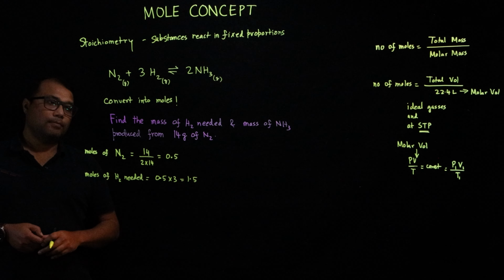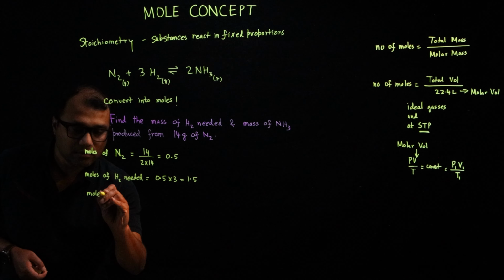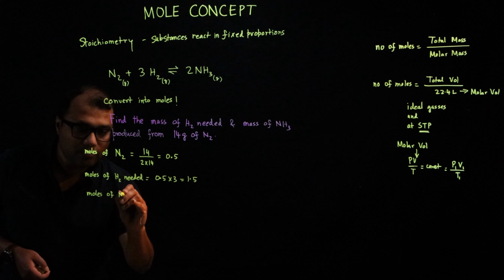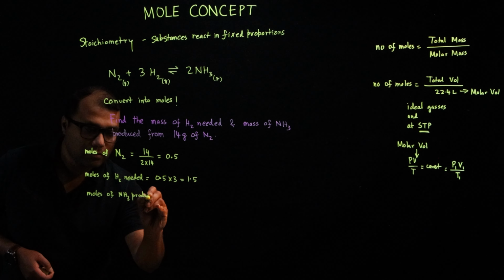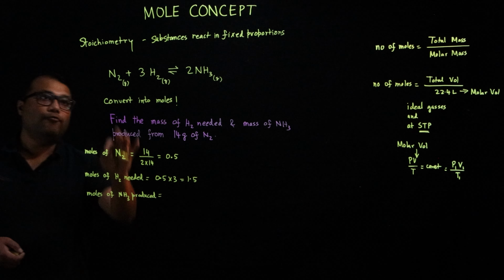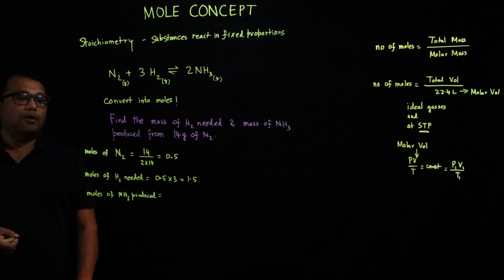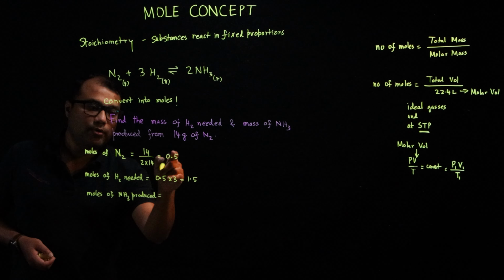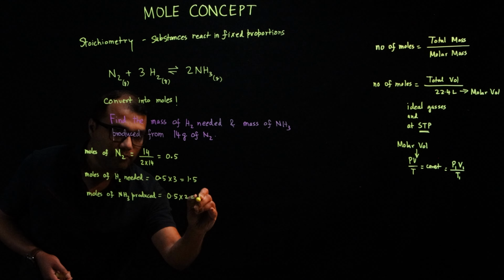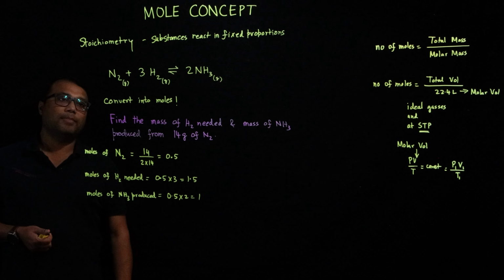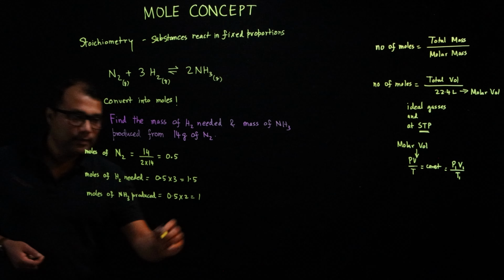Now how many moles of ammonia are produced? If 1 mole of nitrogen produces 2 moles of ammonia, 0.5 will produce 0.5 times 2, or 1 mole of ammonia.